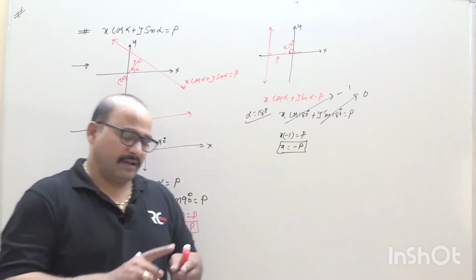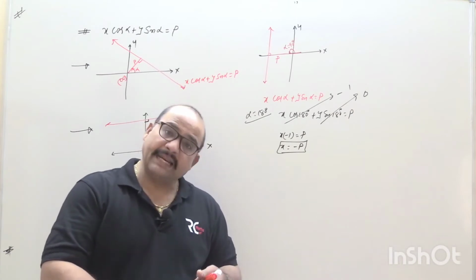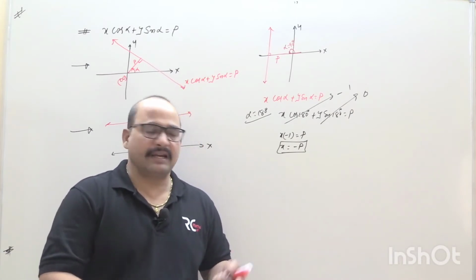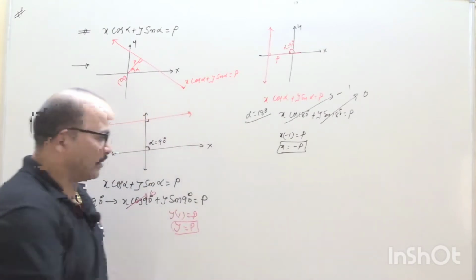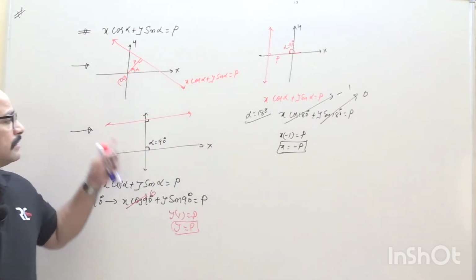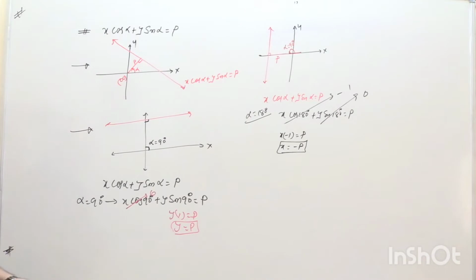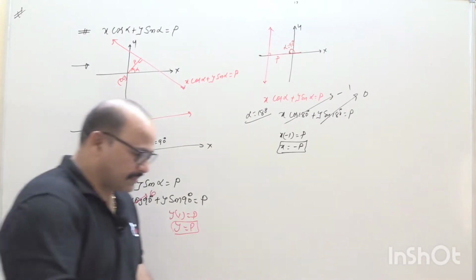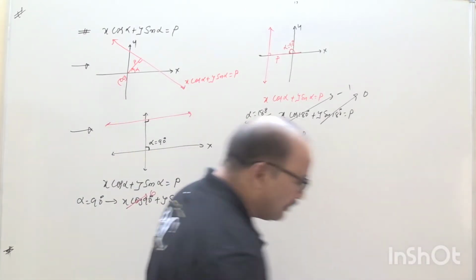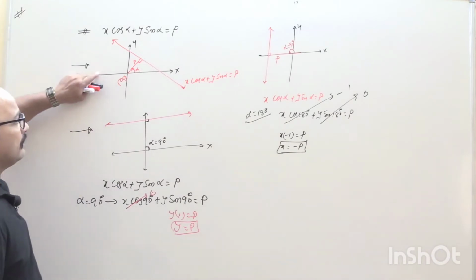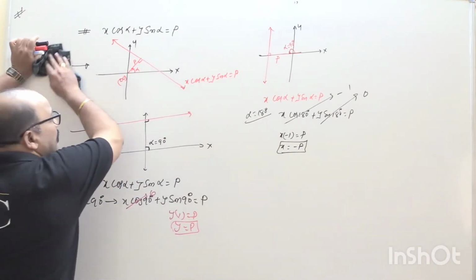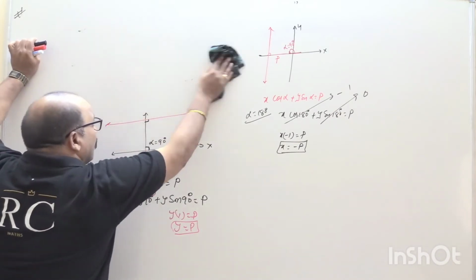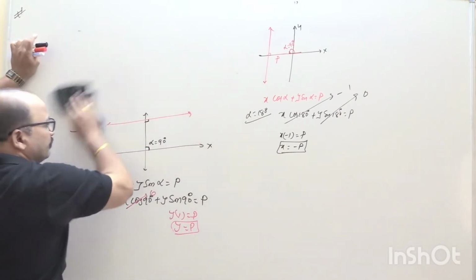So alpha 0 degrees, 90 degrees, 180 degrees. Next we will see 270 degrees, the fourth case. Now I am going to erase this one.